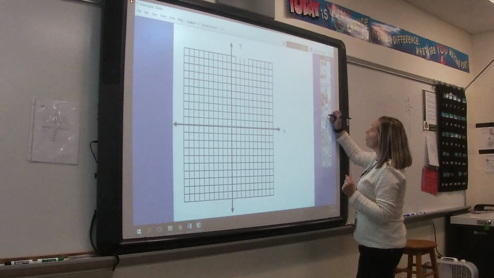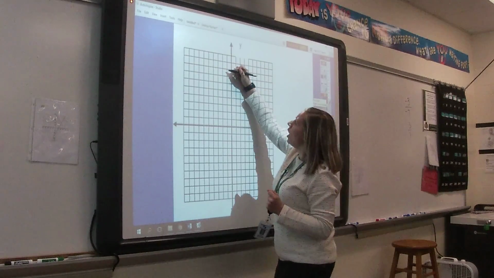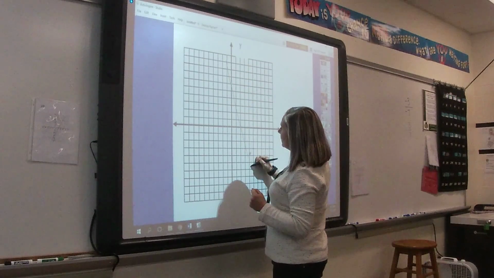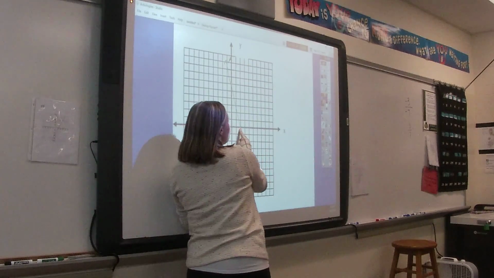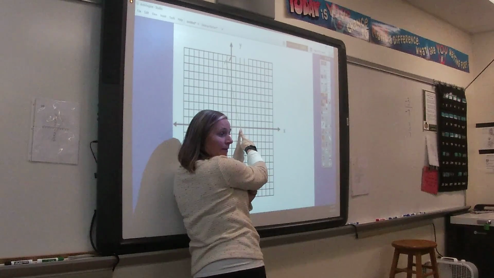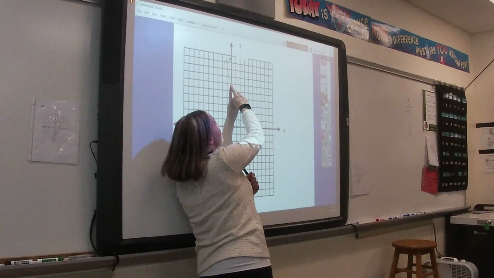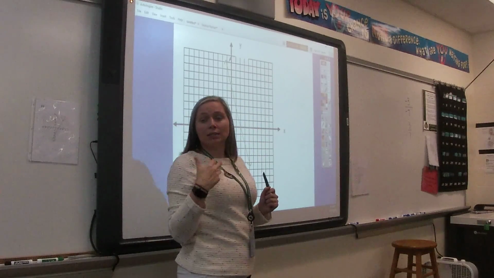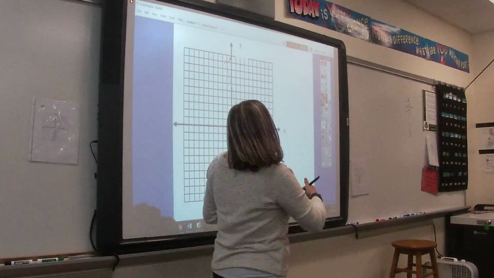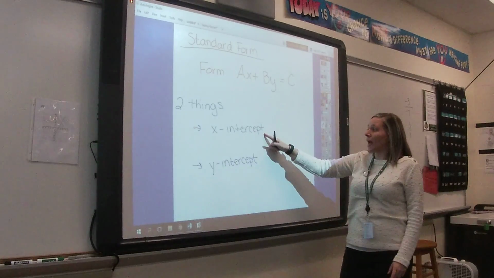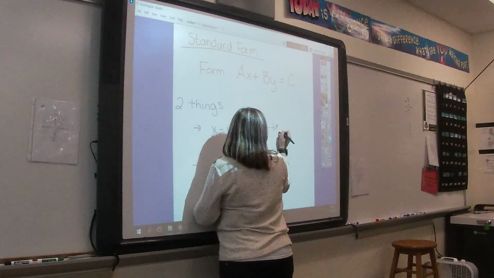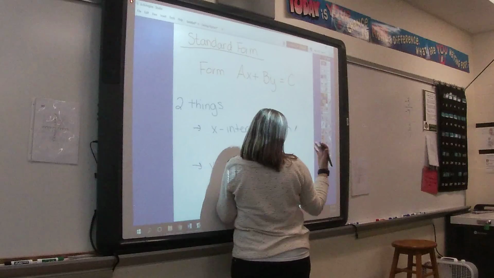So if I'm looking at a graph, and I draw a line like this, this is the x-intercept because it's where it crosses the x-axis. And this is the y-intercept because it's where it crosses the y-axis. So the x-intercept is where it crosses, or maybe touches, the x-axis. It intersects.